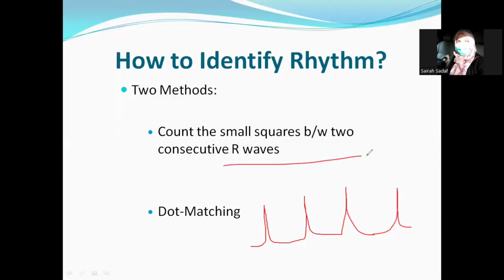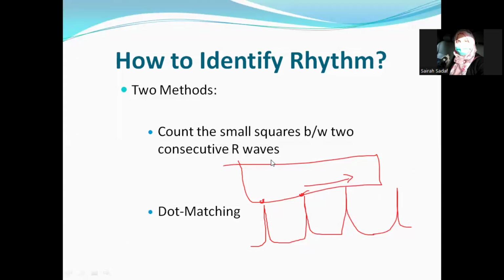You have to make a dot here, make a dot here, and then just keep moving this paper on to match all the R waves. If all R waves coincide with the dots, then you will say, yes, the rhythm of the patient is regular. It's easy. You got this?